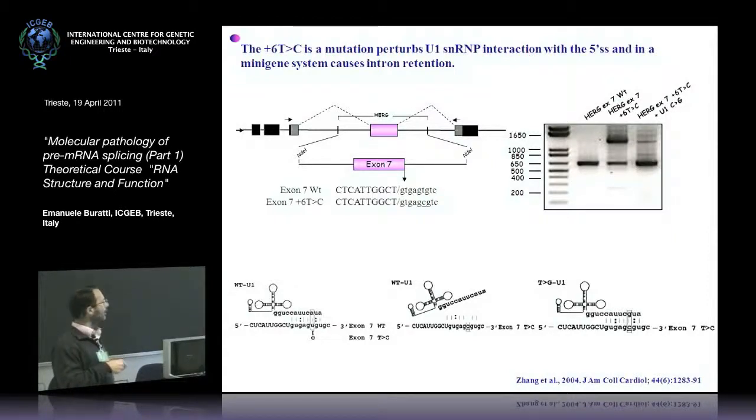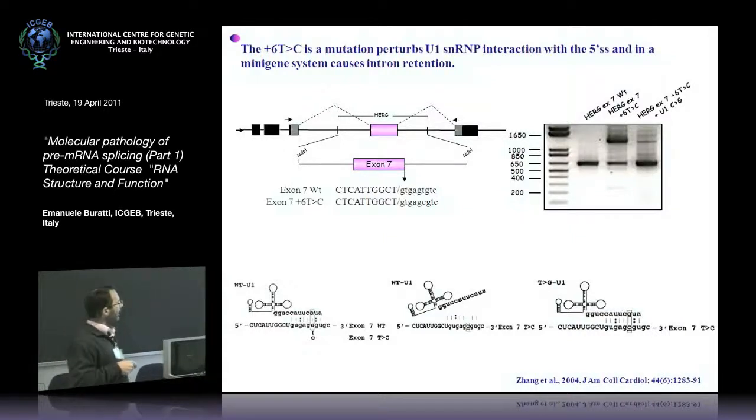You transfect the mini-gene, you do an RT-PCR analysis, and you look at what happens. And you see that if you have the wild-type sequence, you get complete inclusion of the exon, but if you introduce a C, then you have intron retention. So this entire intron is not processed anymore and is kept inside the mature mRNA.